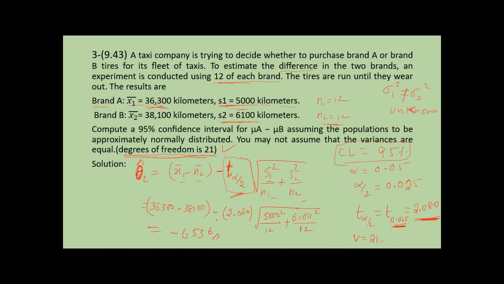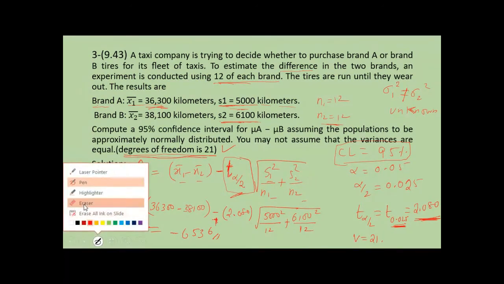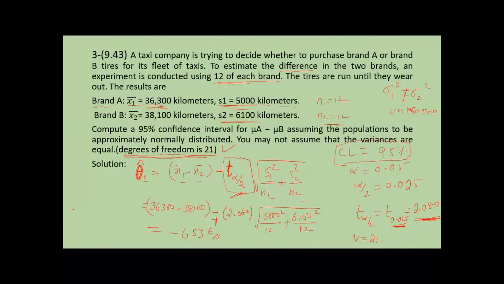In the similar way, when you add these two terms, calculate separately. It is theta, capital theta, upper limit cap.